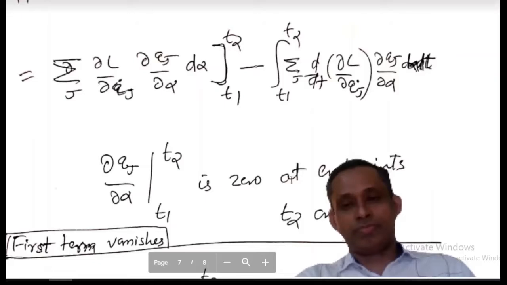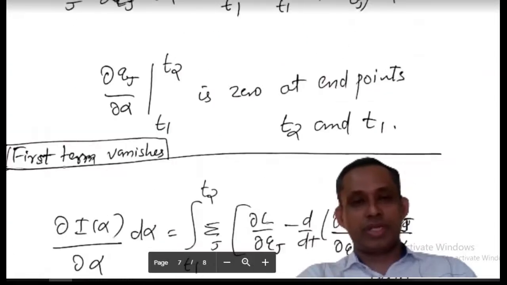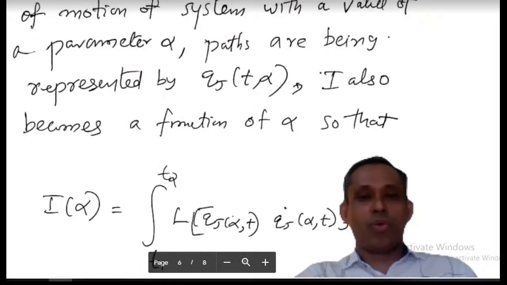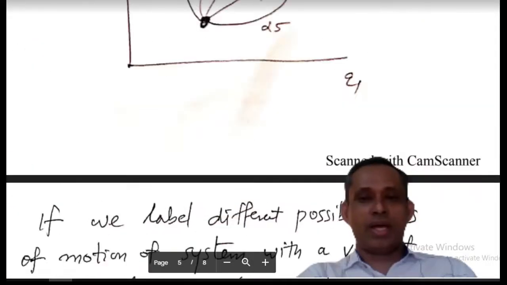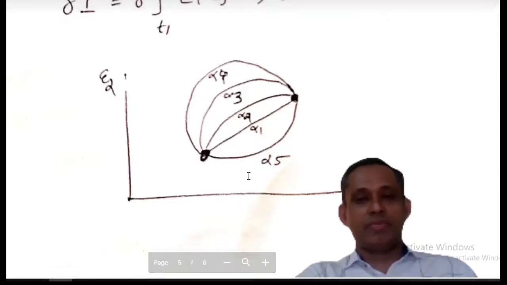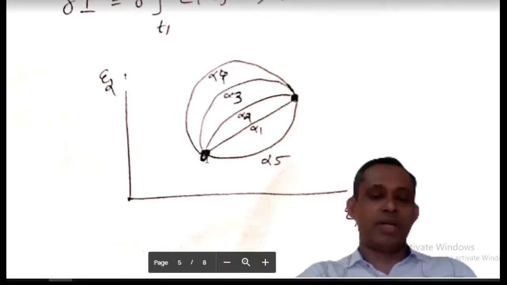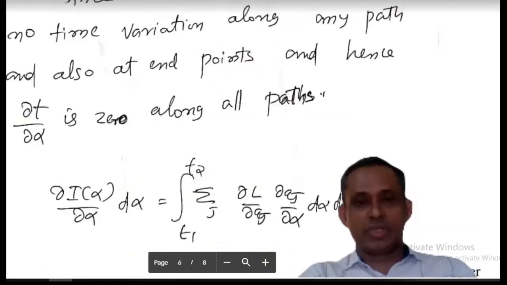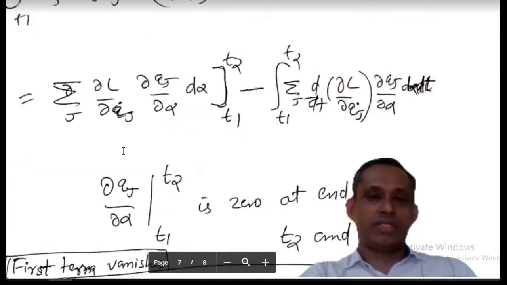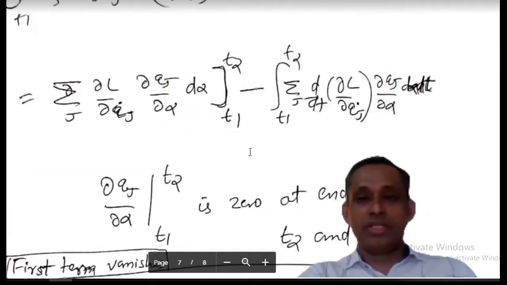So this is 0 at t2 and t1, because for all α the endpoints are the same. There is no change in qj with respect to α at the endpoints, so ∂qj/∂α is 0 at the endpoints.